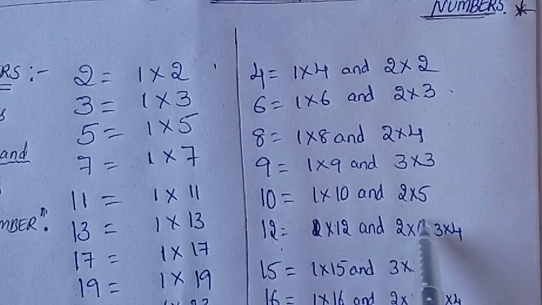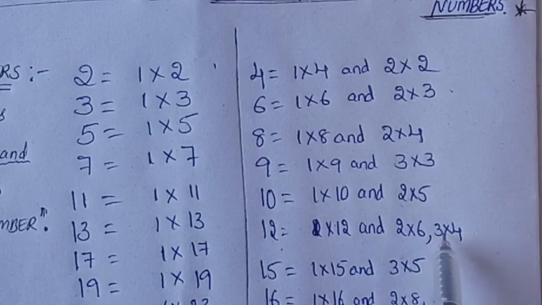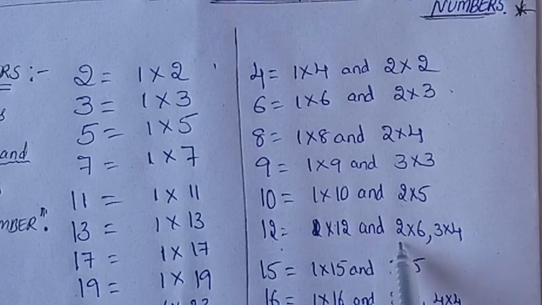So how many factors are there for 12 in this example? 1 and the number itself, 12, as well as 2, 6, 3, 4. So overall 12 has 6 factors: 1, 12, 2, 6, 3, 4.